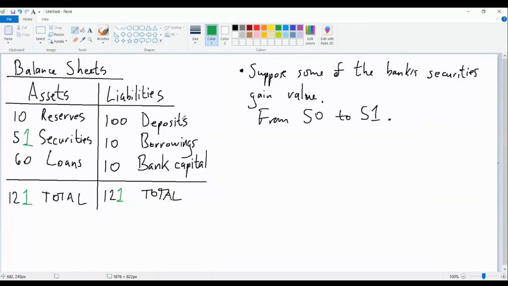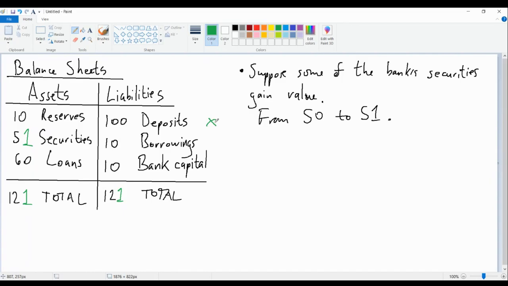Now, I obviously haven't finished making changes here because, as written, the liabilities don't add up to this new number. So one of the liabilities must have changed when the assets gain value. The question is, which one? Did any depositors show up and withdraw funds or increase their deposits?